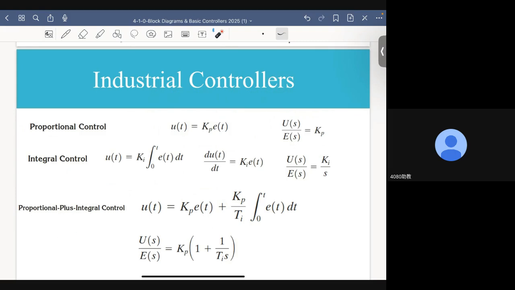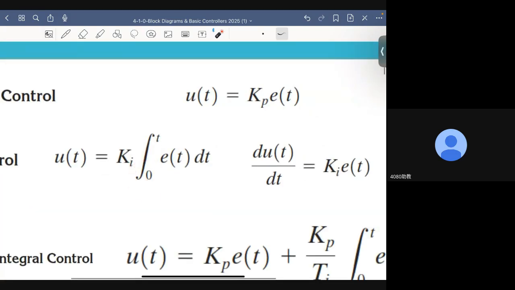Now here, let me introduce integral control. For integral control, the output of a controller is actually proportional to the integral of the error, okay? Here, T-zero denotes the beginning of the control process, okay?